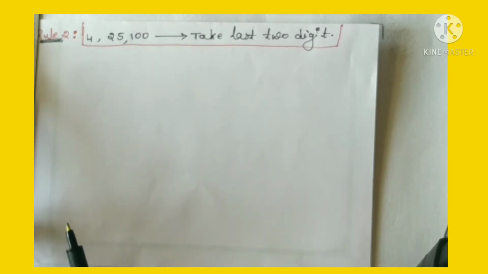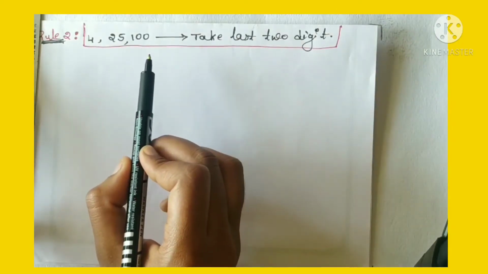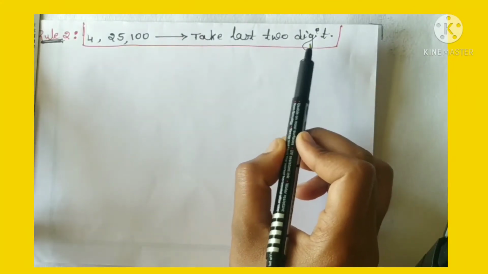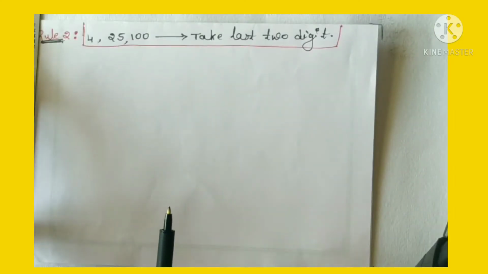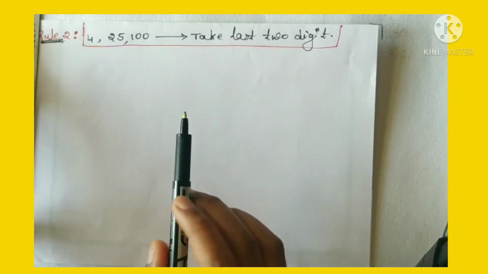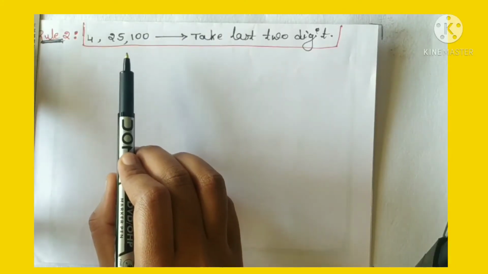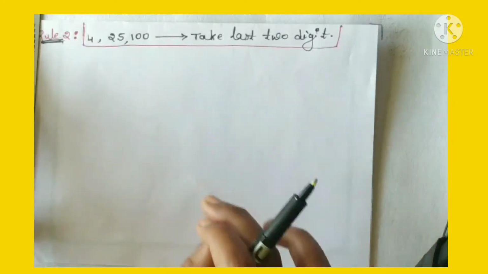To check whether the given number is completely divisible by 4, 25 or 100, we just consider the last 2 digits instead of dividing the whole number. If the last 2 digits are completely divisible by 4, 25 or 100, then the whole number is also completely divisible. Okay, I will explain this with the help of an example.